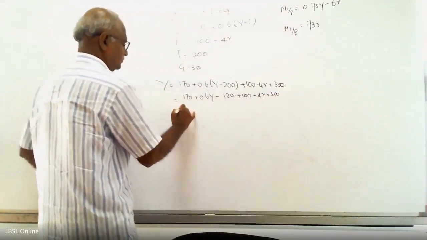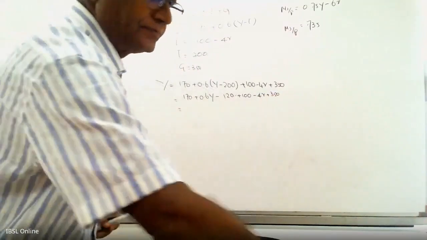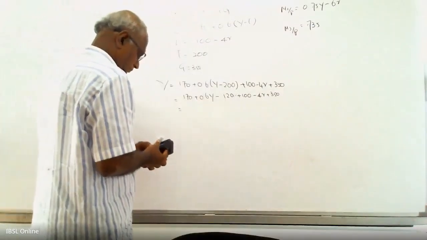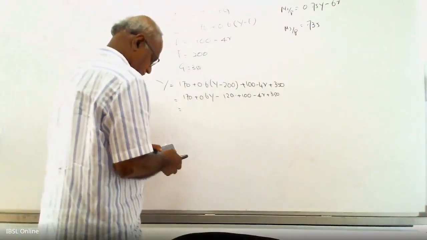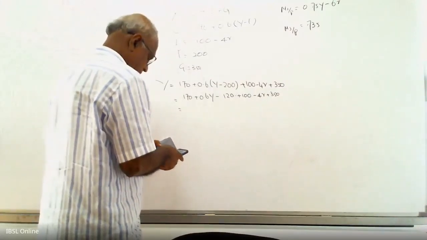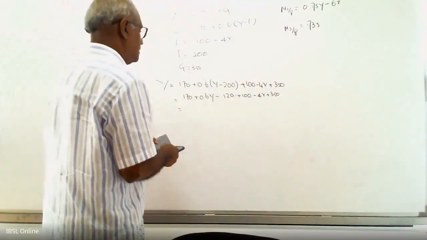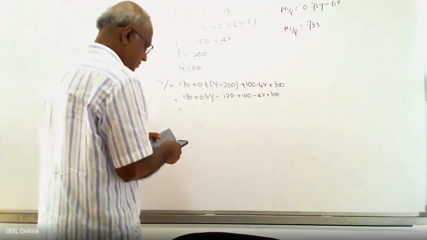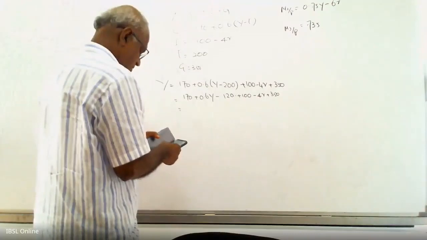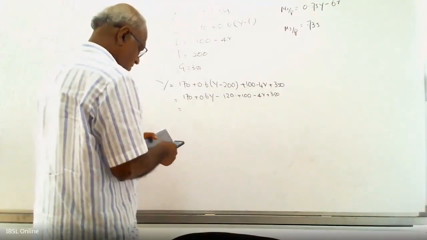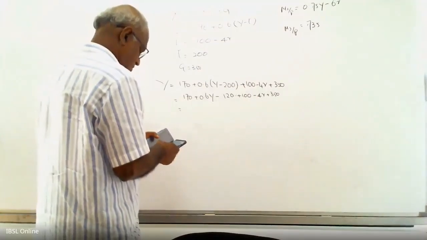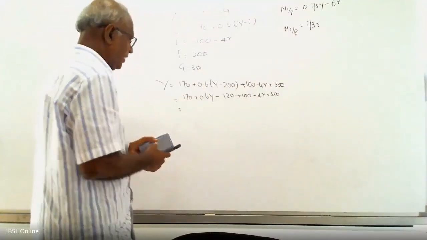Now we add these: 170 plus 100 plus 350 minus 120 equals 500.